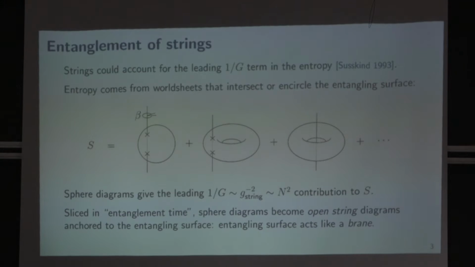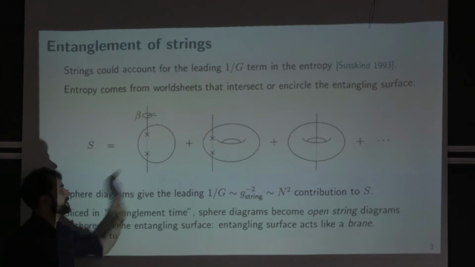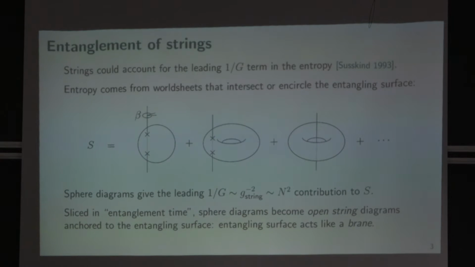It's just this line. And I introduce some non-trivial angle around that. That's some beta that's not equal to 2 pi. And there's some procedure for differentiating the partition function with respect to that beta. So in the end, what you find is that only those world sheets which intersect the entangling surface or which encircle it contribute. That sort of explains why there's something like an area law instead of a volume law.